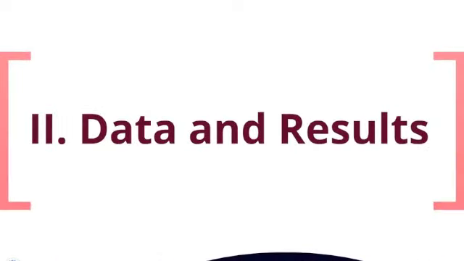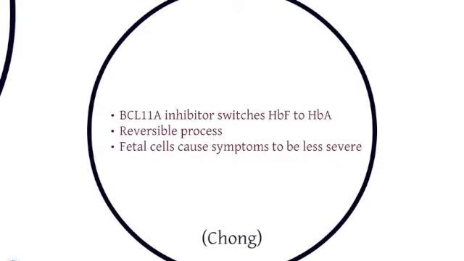The data found that a loss of BCL11A in adult mice reverses gamma silencing. A BCL11A inhibitor allows for the switch from adult hemoglobin back to fetal hemoglobin. This process is reversible, which is very important to note in this experiment. The switch from adult hemoglobin cells to fetal hemoglobin cells decreases the severity of symptoms of sickle cell disease.